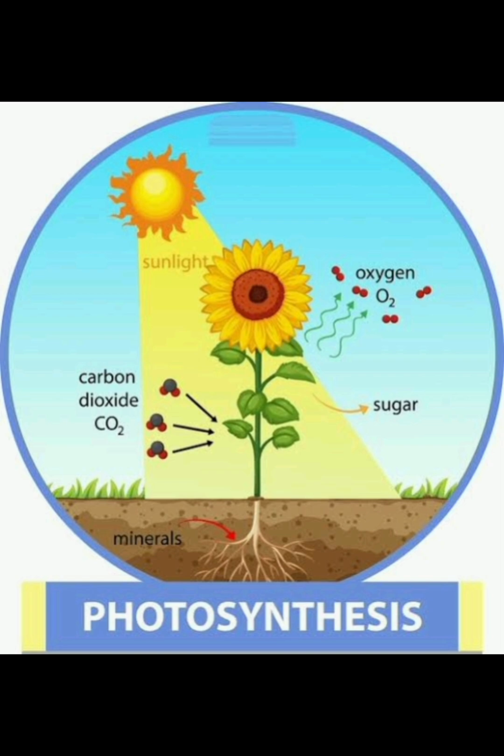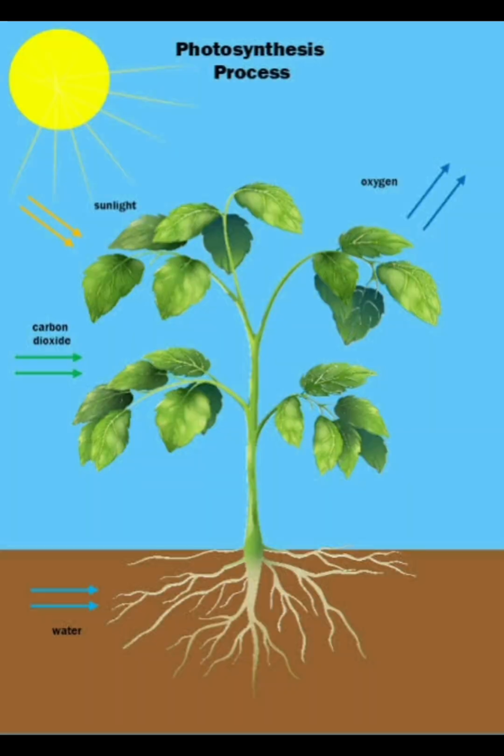Summary of key points: light-dependent reactions occur in the thylakoid membranes and generate ATP and NADPH and release O2. The Calvin cycle occurs in the stroma and uses ATP and NADPH to fix CO2 into glucose or other carbohydrates.